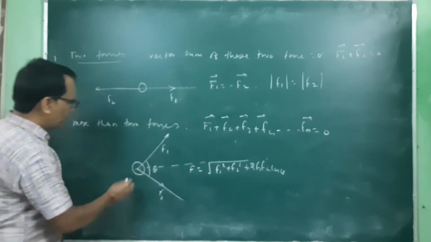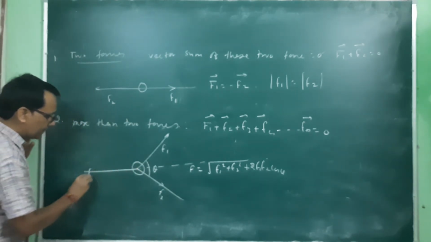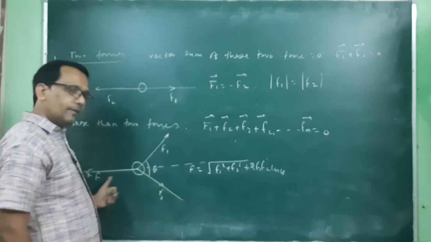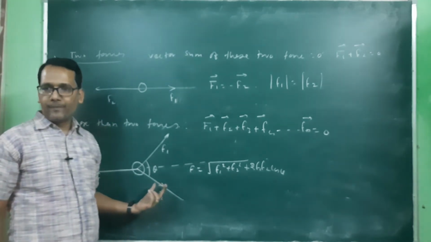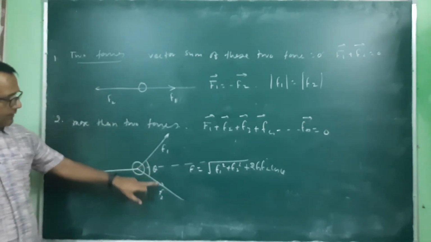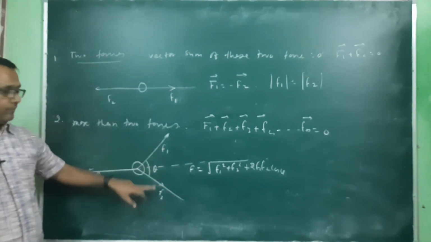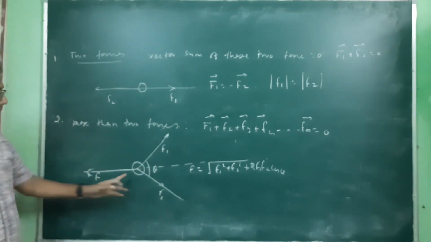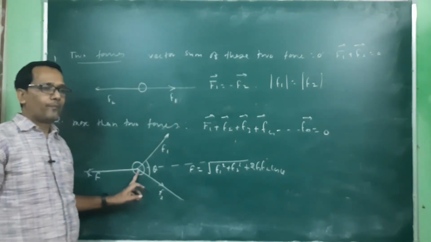If a third force equal to F is applied in the opposite direction, then that system will be at rest. So first of all we have to calculate the resultant of these two forces, and when we apply an equal force in the opposite direction, the system will be at equilibrium.